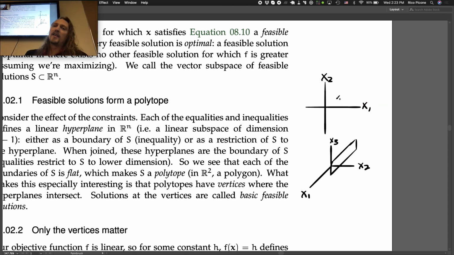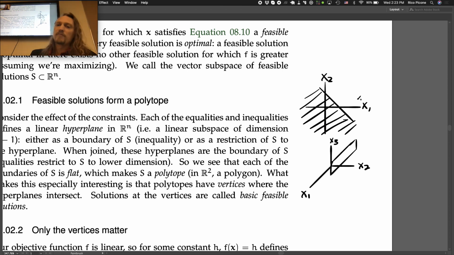You might say that one number times 5 plus the other number has to be less than something, right? And that's going to define some line here, and that's going to be the boundary of the region that's valid by that constraint.